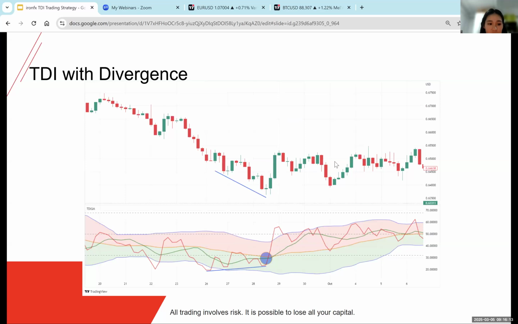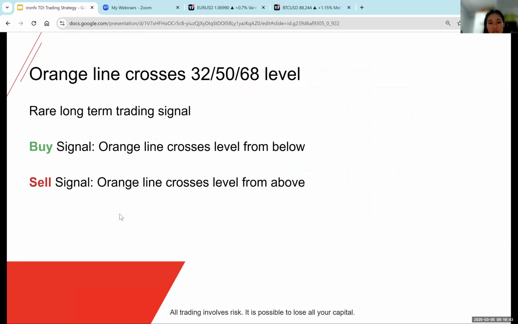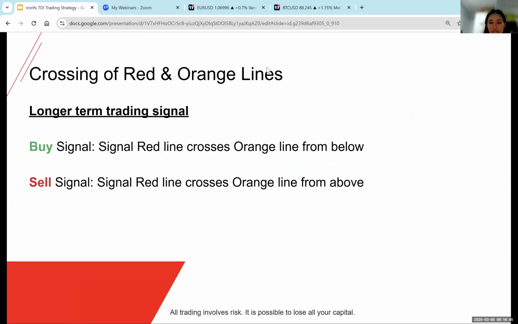So next, let's look at TDI divergence. This is another popular strategy for TDI. Which time frame is the best? Like I mentioned earlier, this works across multiple time frames. It really depends on your own trading strategy. We normally like to trade on the medium time frames, so 4 hour, 1 hour, or even daily time frames.